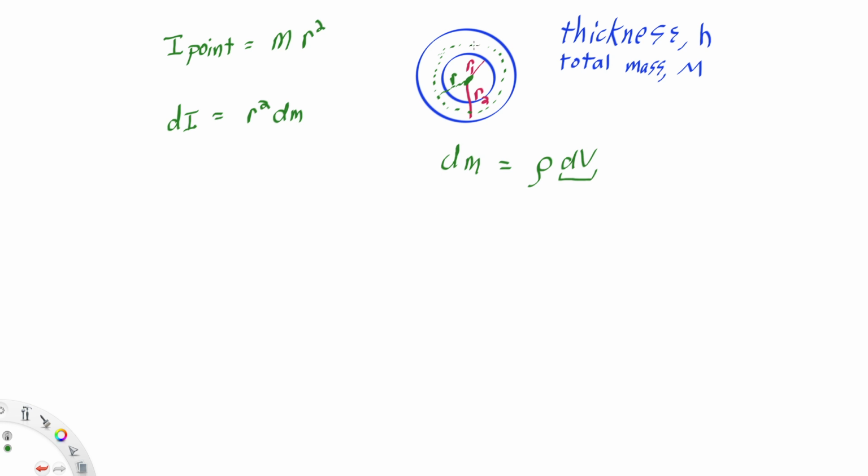And yeah, the surface area of this little shell is going to be 2 pi r, right? That's the circumference of this little shell.